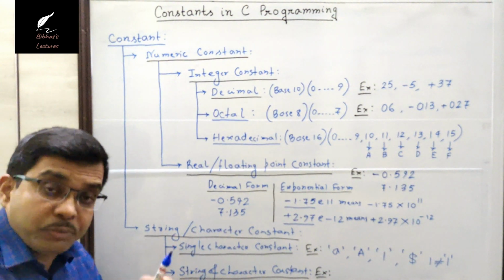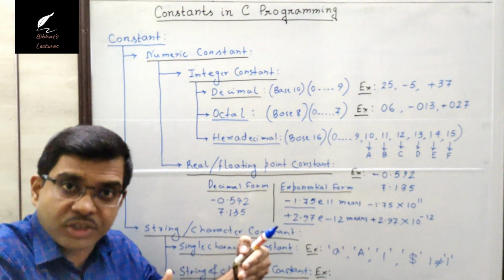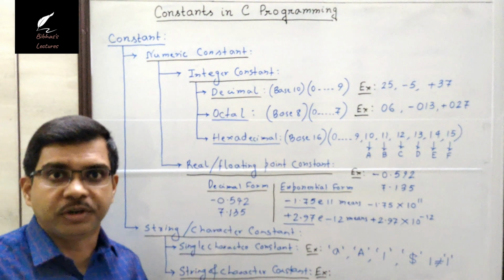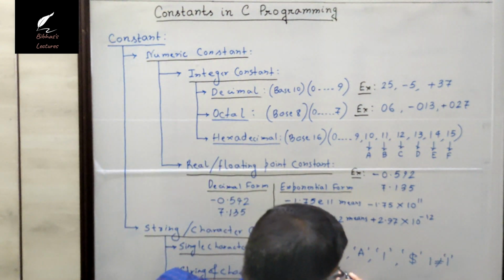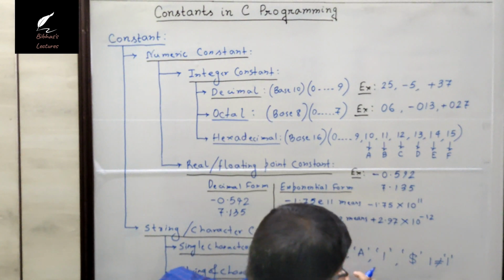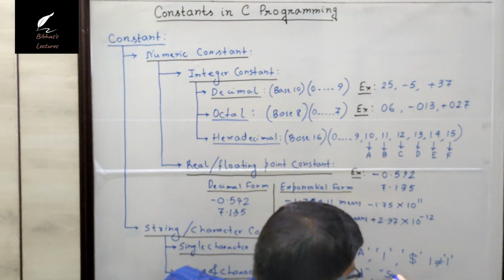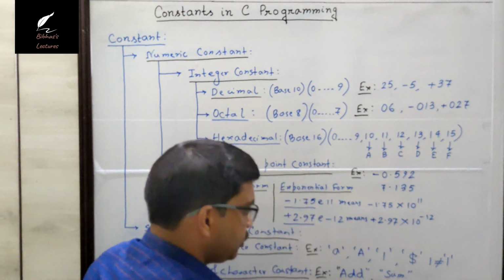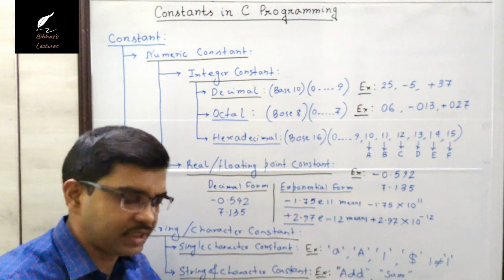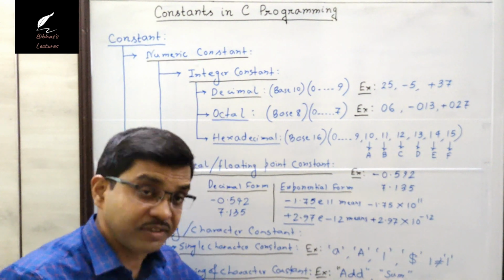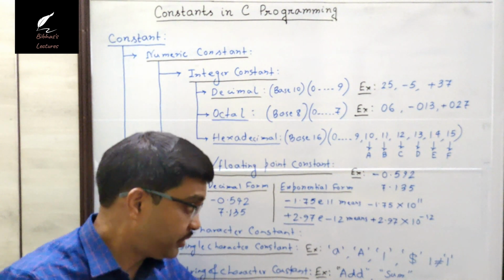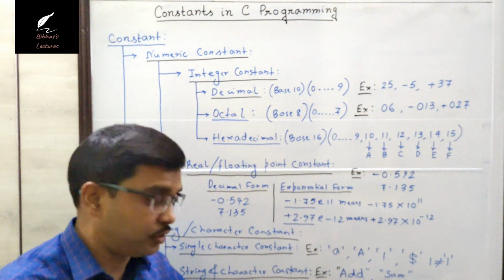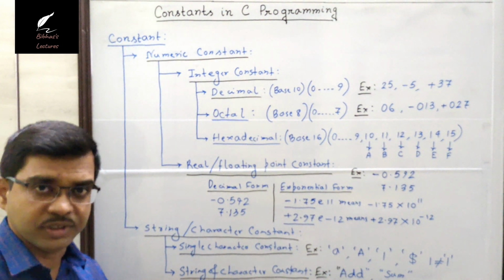When we have to represent a sequence or collection of characters, it has to be enclosed with a double quotation. For example, double quotation add, or double quotation sum. So you can see it is a collection of characters. So this is a string of characters and it has to be enclosed with a double quotation. This is an example of string of character constant.